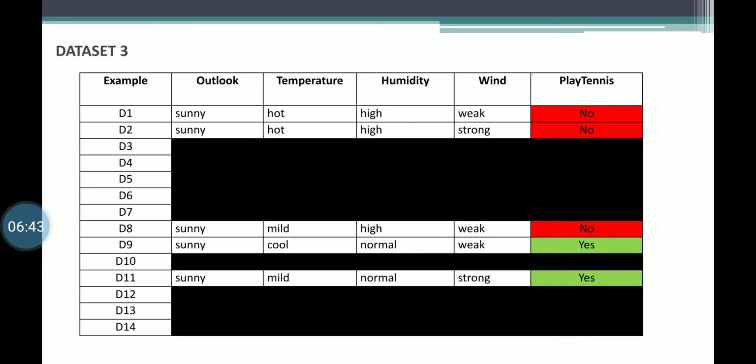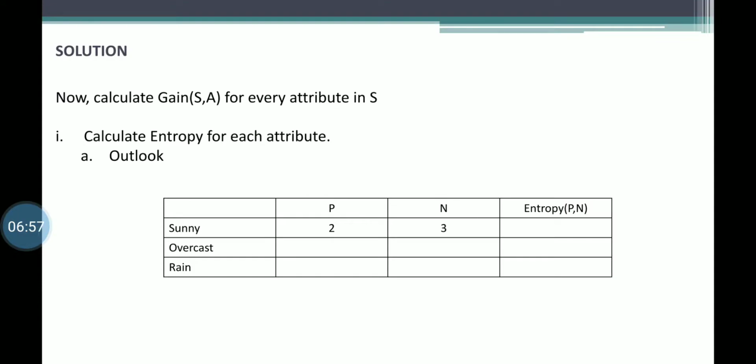I have highlighted only those which are having sunny as the value. As you can see, there are 3 negative and 2 positive entries. Same thing we will write in the table.